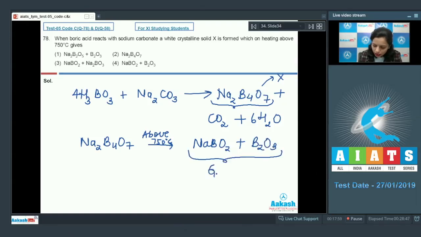This is basically the glassy bead that's formed there. These are the two products that you finally obtain, and they are given in option 4. So the answer is option 4.